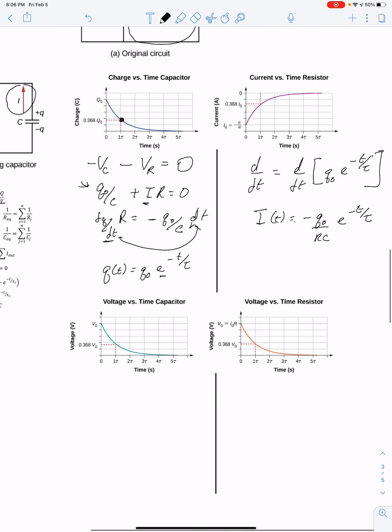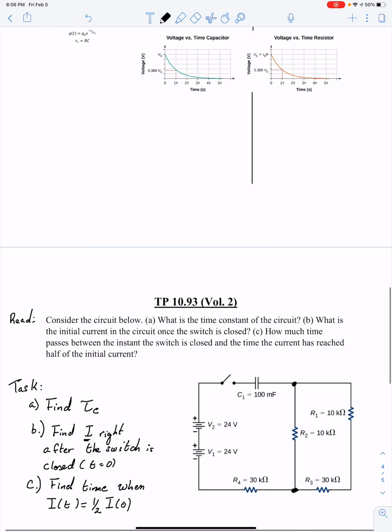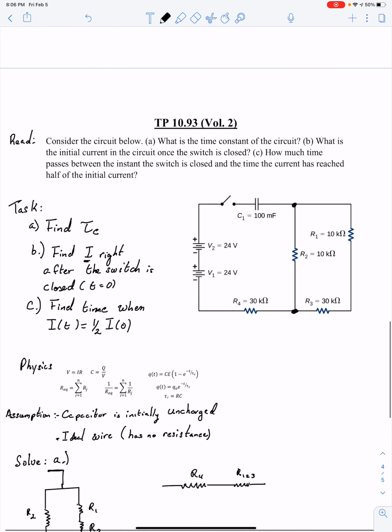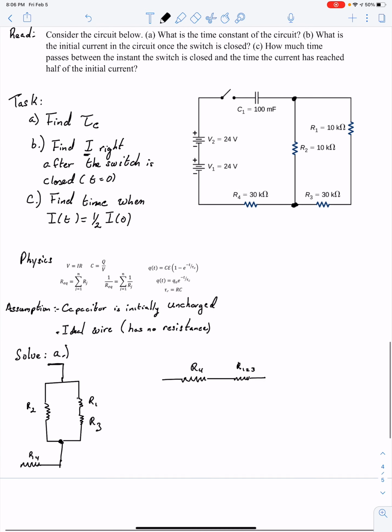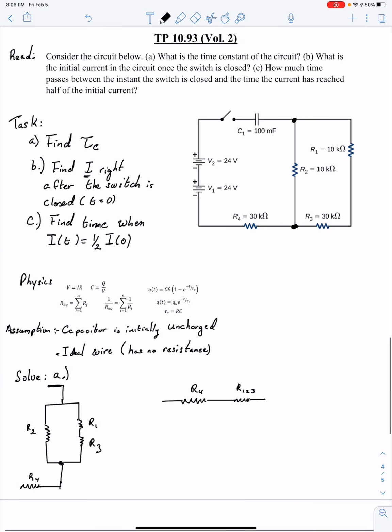Okay, so now let's go to a problem. This is a part of one of your problems, and I decided to use this to give it actual context on a homework problem. This is a required problem, TP 10.93. Take your time, put it on pause, and read it. But our goal right now is 3 steps.